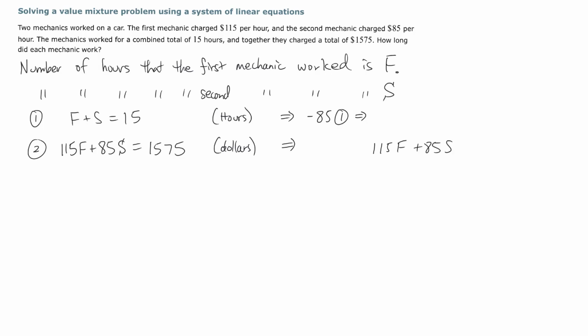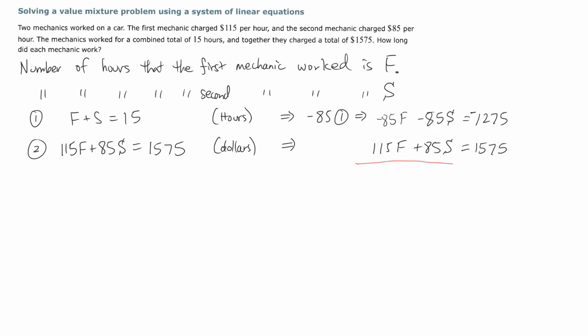I think the hardest part of solving systems of equations is trying to stay neat. So I said negative 85. So this is negative 85F minus 85 times S is now equal to 1,275, but negative, right? Negative.